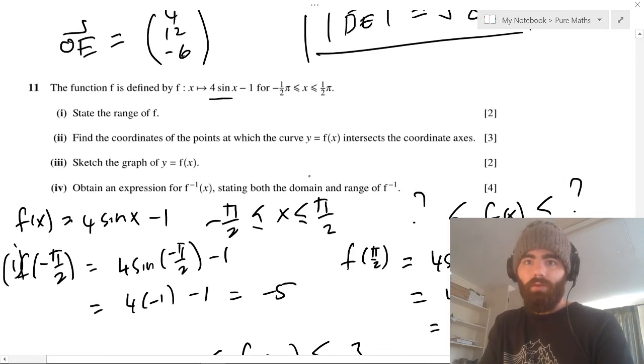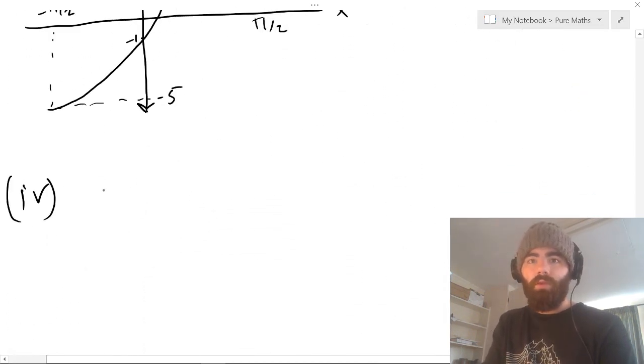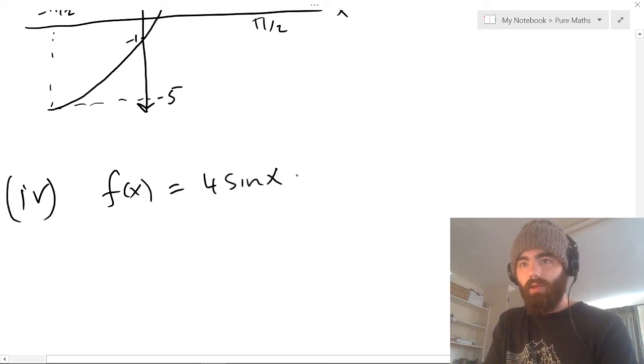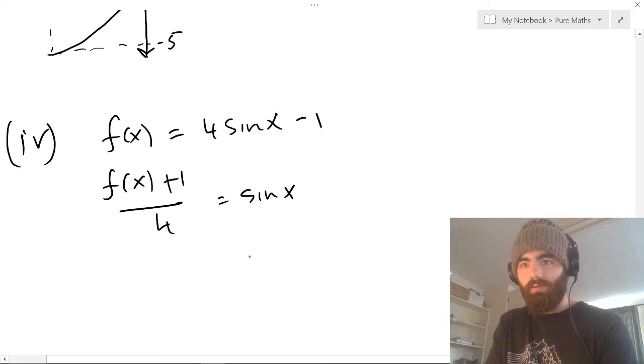Last one. Obtain an expression for the inverse of f of x and state the domain and range. We have f of x equals 4 sine x minus 1. So f of x plus 1 over 4 equals sine x.